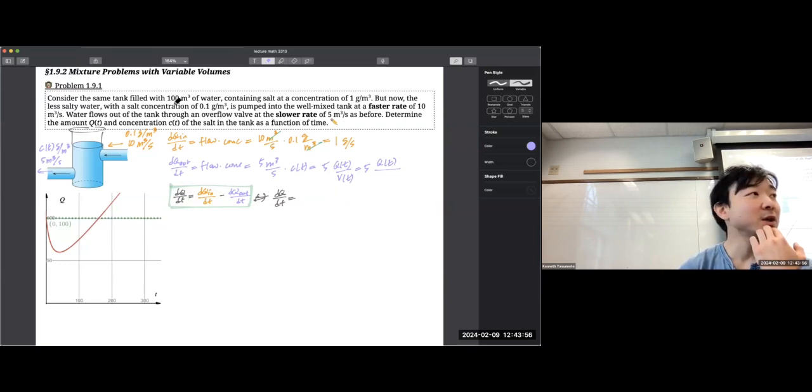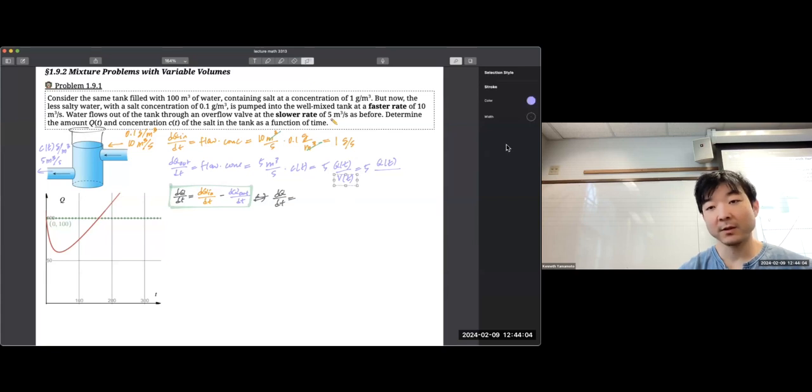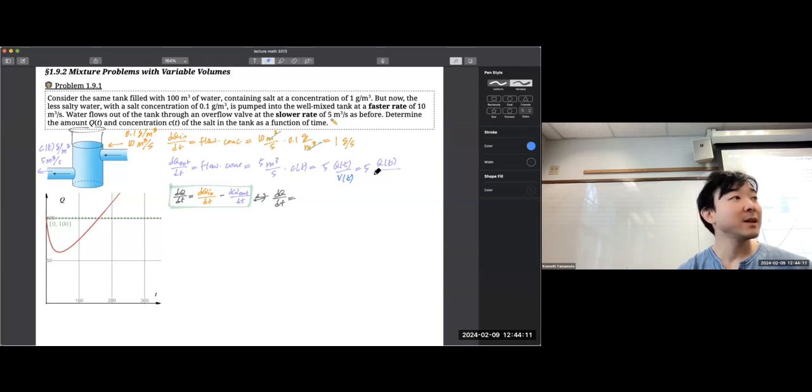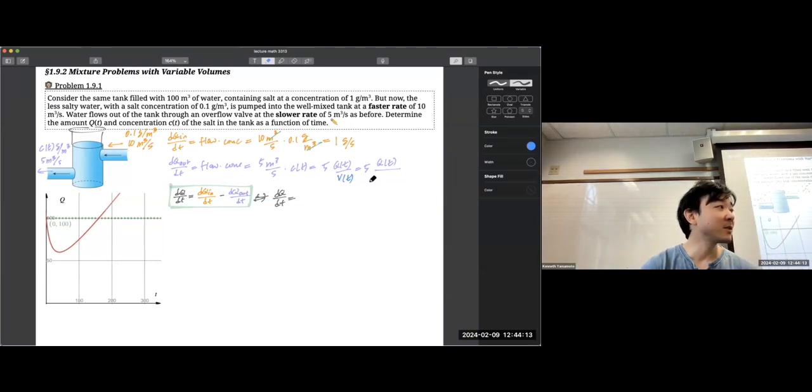It's initially got 100 cubic meters. You're pumping in 10 but pumping out 5. So the volume, which I'll use blue for, so this expression in the denominator here can actually be written as a function of time. If I told you that the initial volume in the tank is 100 meter cubed of water, and I'm pumping in 10, pumping out 5, what's your net gain of volume per second? 5.